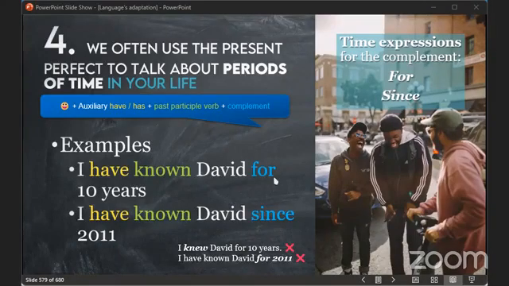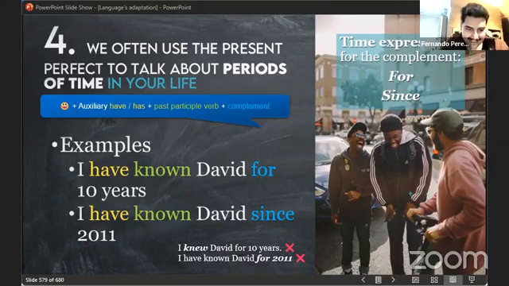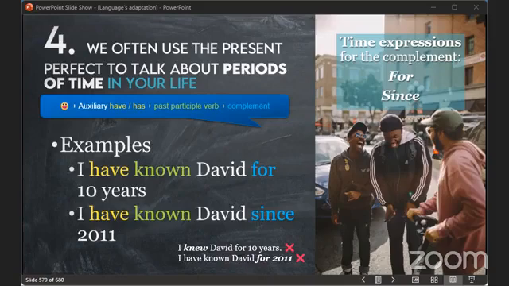For is a period. I have trained in the gym for 5 years ago.